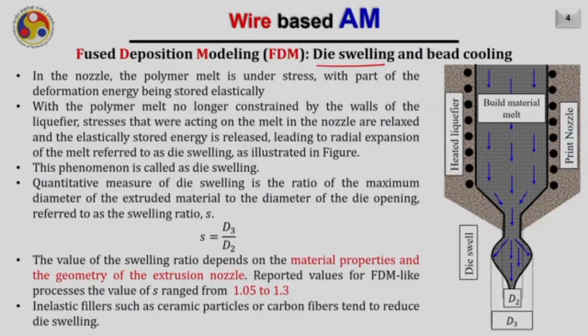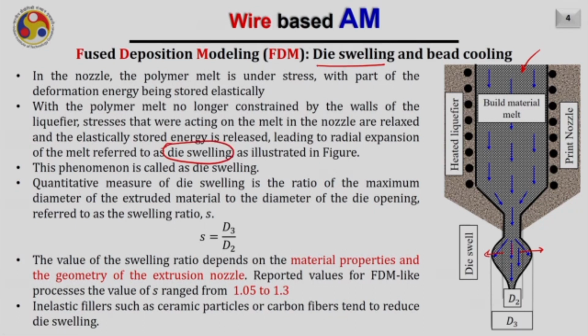With the polymer melt no longer constrained by the wall of the liquefier, the stresses generated inside the liquefier get relaxed, and the elastically stored energy is released, which leads to radial expansion. As you are seeing here, the radial expansion of the melt when it comes out of the nozzle, this phenomenon is called die swelling.